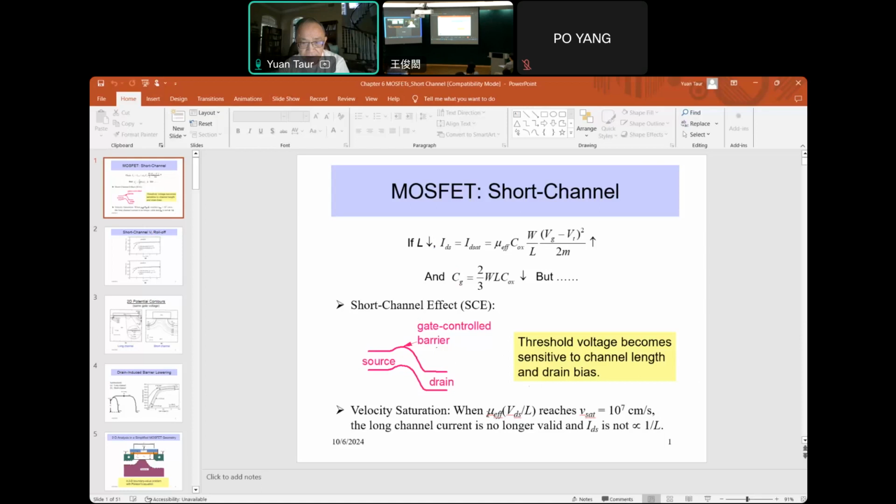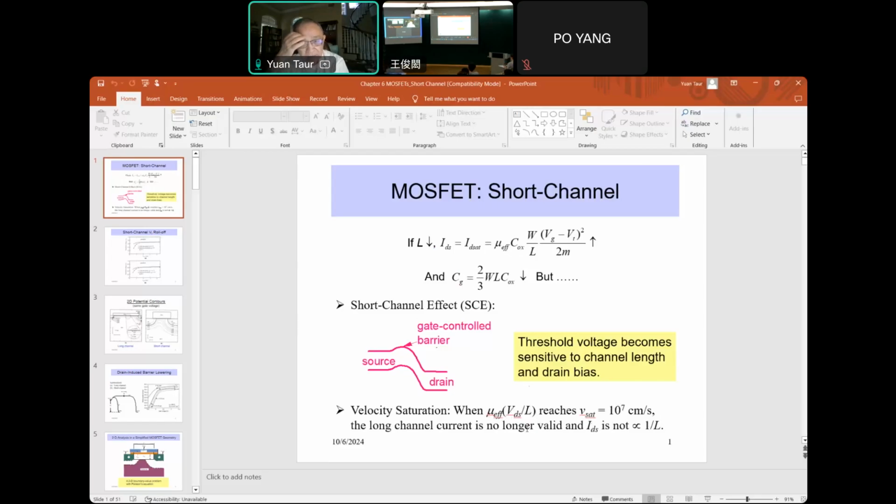When the mobility times the field, or this is the average field, reaches 10 to the 7, then the long channel current model is no longer valid. And then the IDS is not given by this simple expression anymore.